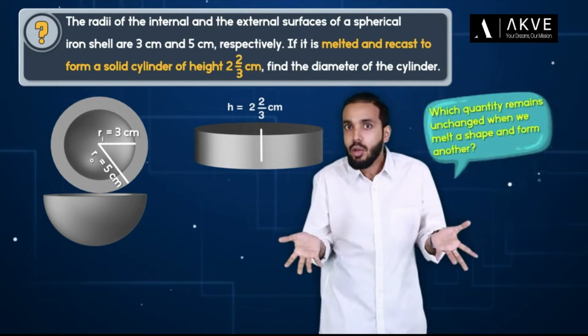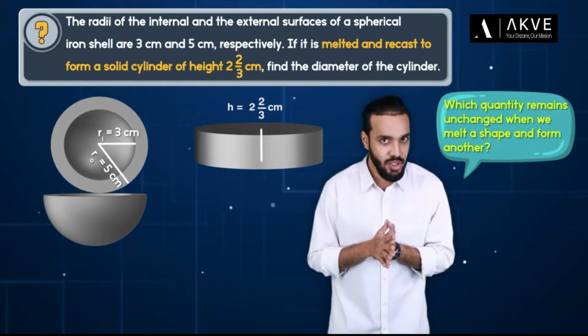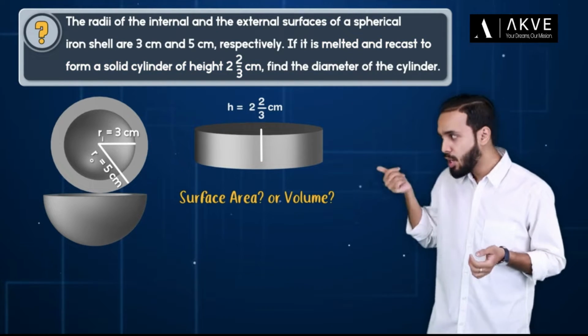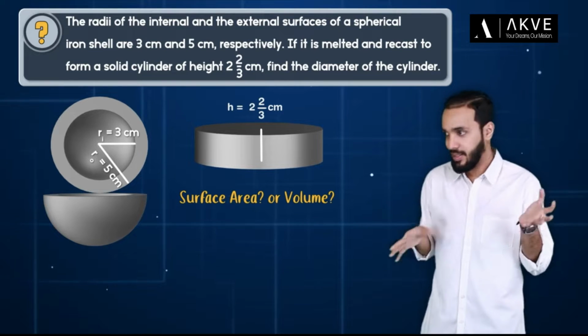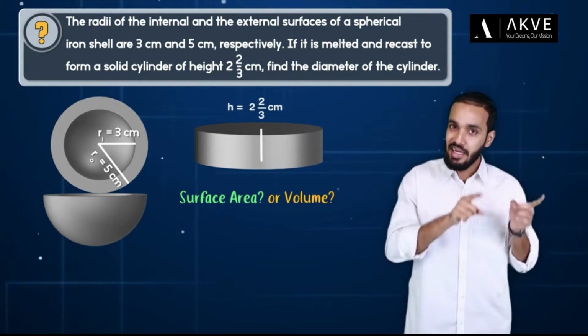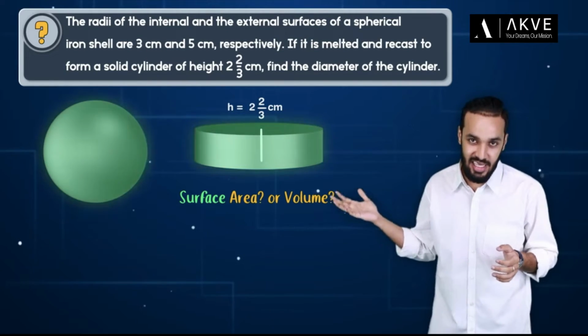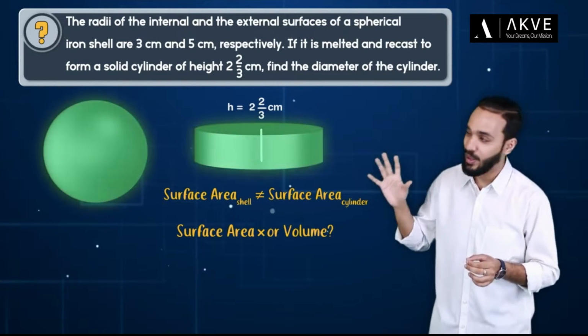Now, what quantity do you think remains unchanged when we melt a shape and form another? The surface area or the volume? Well, surface area is directly dependent on the surface, right? So, as the surface changes, the surface area would also change.